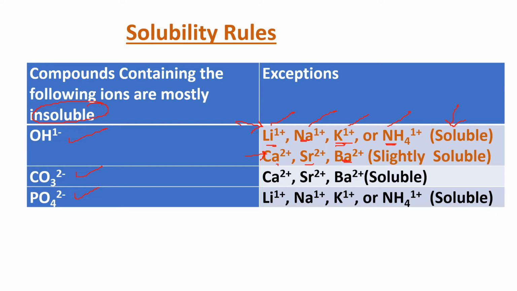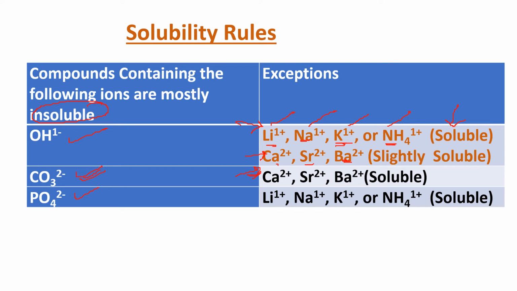So, generally, next carbonate ions. Carbonate compounds are generally insoluble. But some exceptions are there. Calcium carbonate, strontium carbonate, or barium carbonate are insoluble compounds, but these other compounds are soluble.